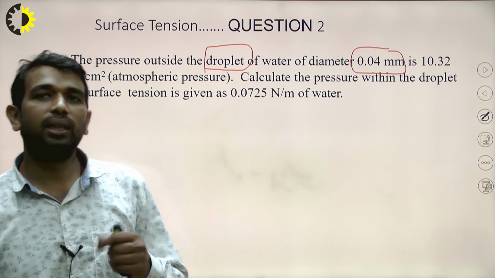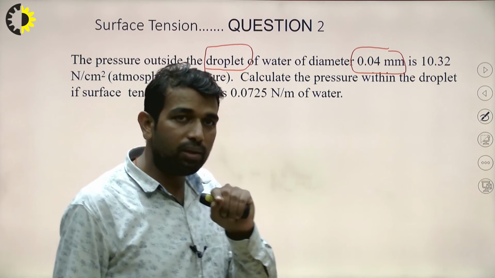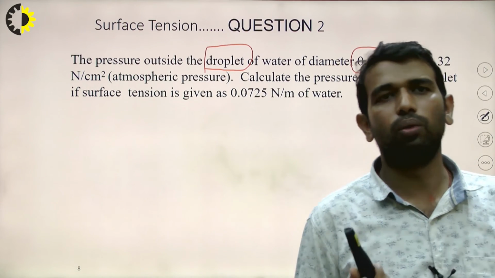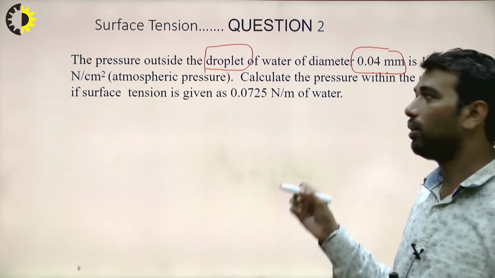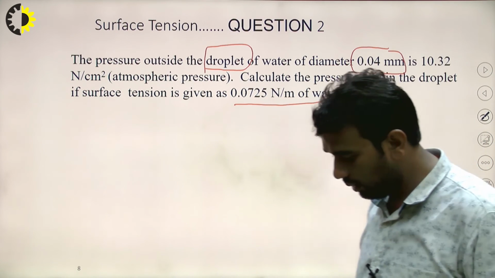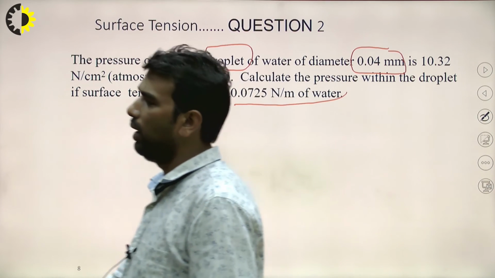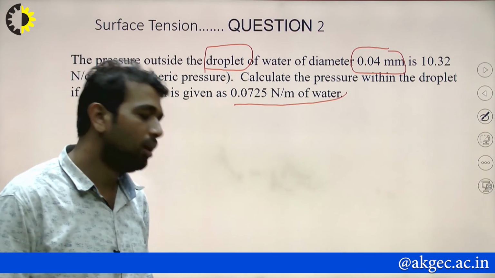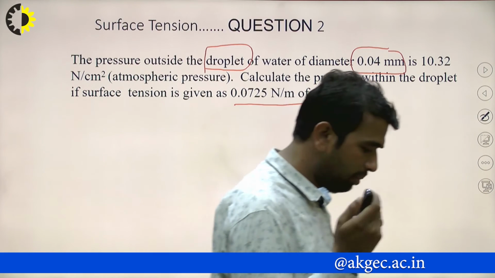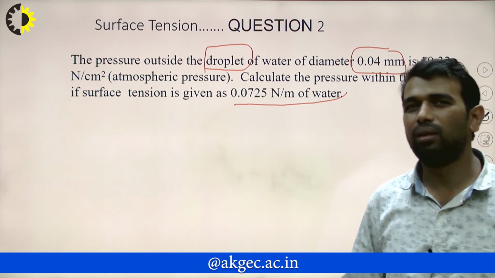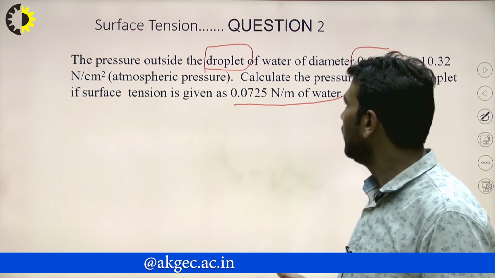Calculate the pressure within the droplet if the surface tension given is 0.0725 Newton per meter for water. In general at NTP, the surface tension magnitude is 0.0732 Newton per meter, but here the examiner is already quoting 0.0725, so you just take that for your consideration.